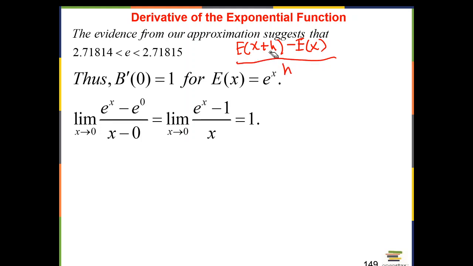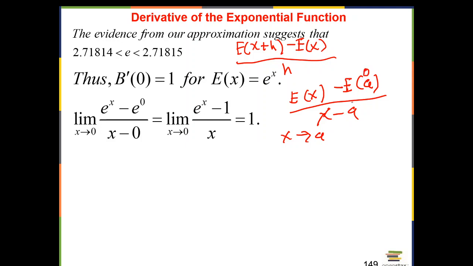Now remember, our x is 0 here, right? So we can do it this way, or you can do it with this definition: e to the x minus e to the a over x minus a, as x approaches a, right? Now in this case, a is 0, right? So put 0 here, put 0 here, put 0 here, what do we get?